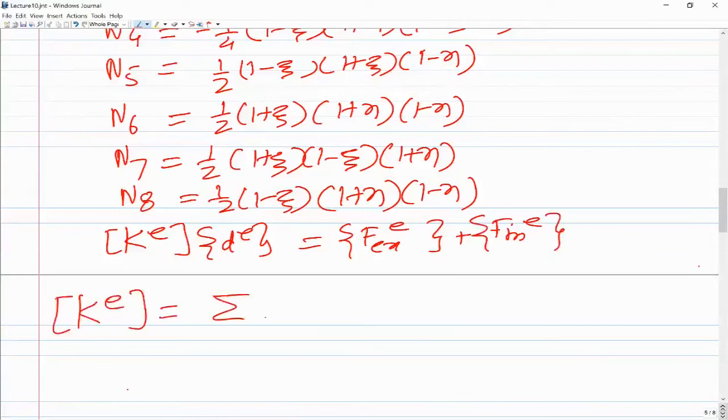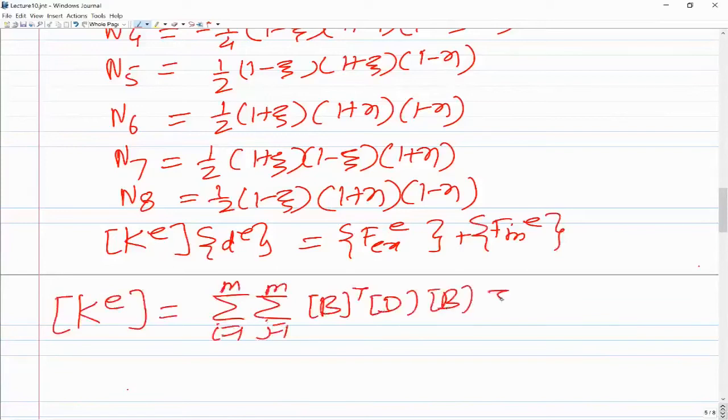So this will be summation i going from 1 to m, j going from 1 to m, and then we will have B transpose into D into B into determinant of Jacobian, the whole thing evaluated at xi i, eta j, wi wj.